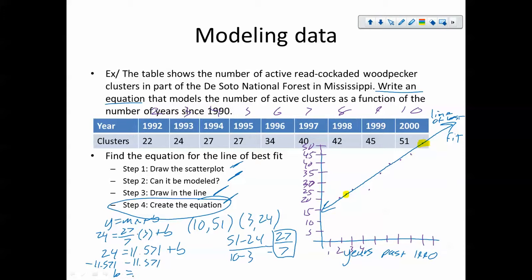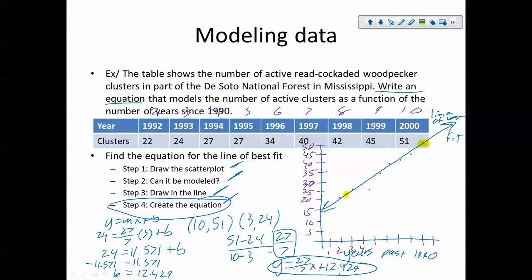And we get b equals 12.429. So there it is. That's my equation. There's my y-intercept, there's my slope. So what's my answer? y equals 27 over 7 x plus 12.429.